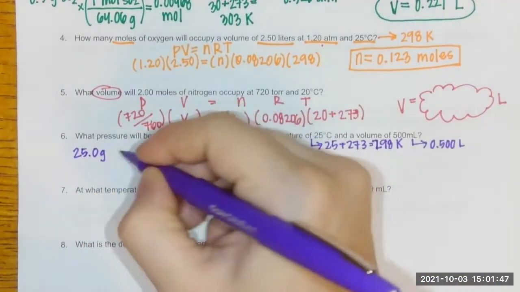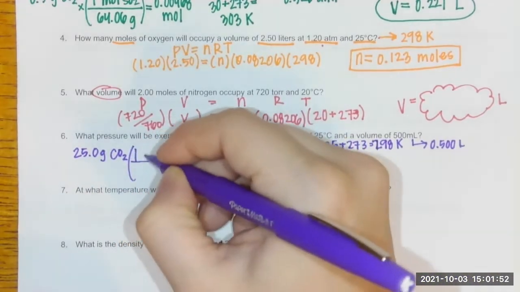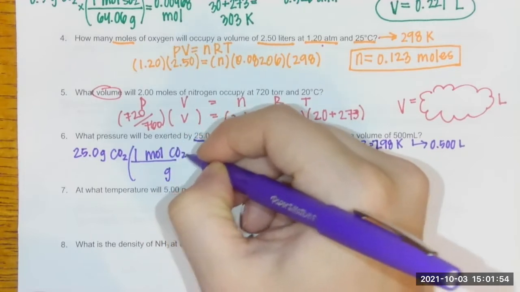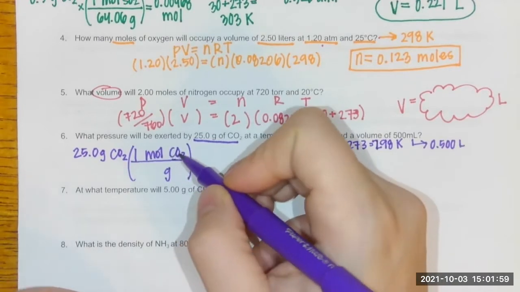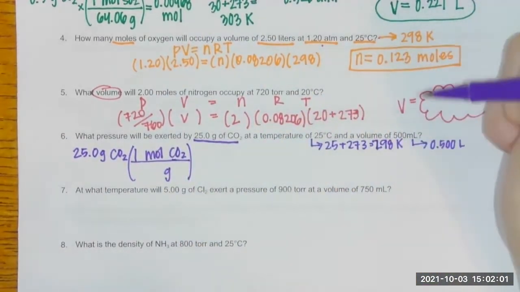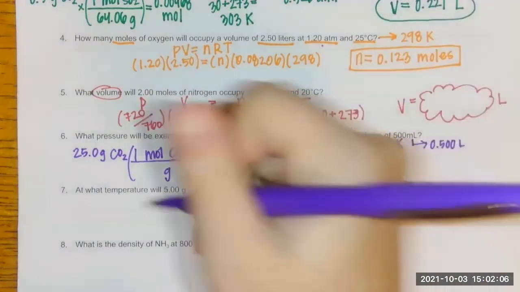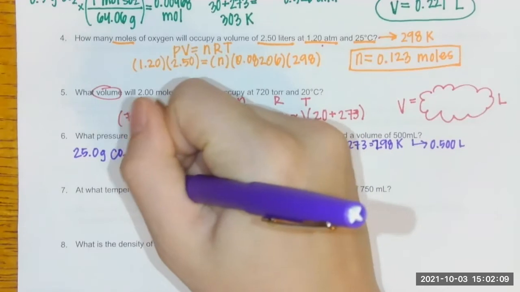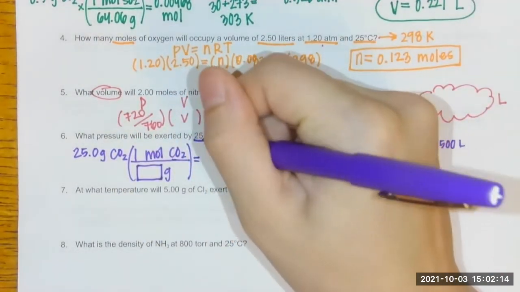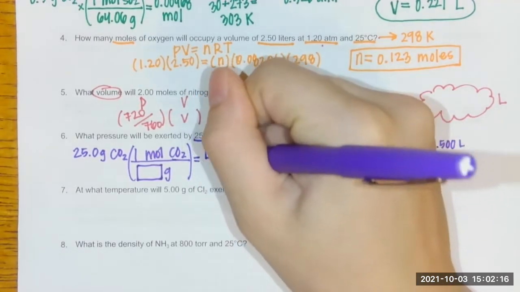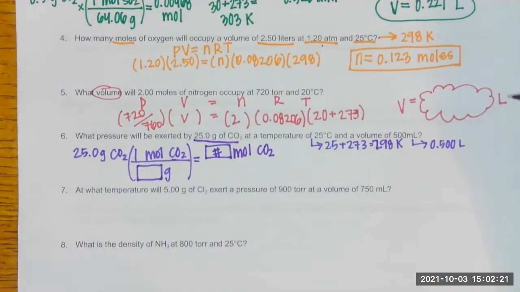25 grams of CO2. How many grams does 1 mole of CO2 weigh using the periodic table? Carbon weighs 12, oxygen is 16 each. So you, again, I'm not using this calculator, I hate it too much. You figure out the number of moles of CO2 that you have.